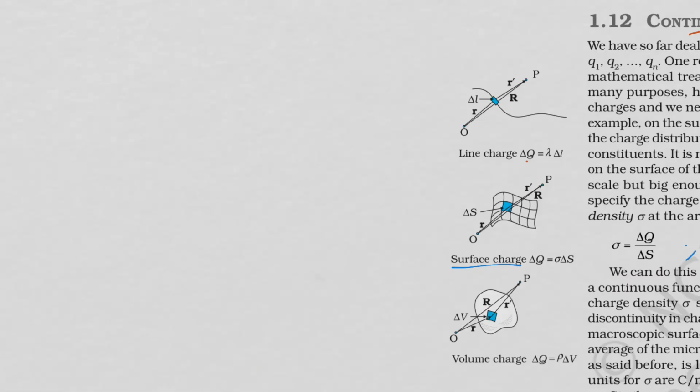Alright. And finally, if we want to find the electric field due to this small amount of charge, delta Q, or for the charge distributed over a small region or small length, delta L, then how can we find the electric field? For that, we simply see where we have to find the electric field.